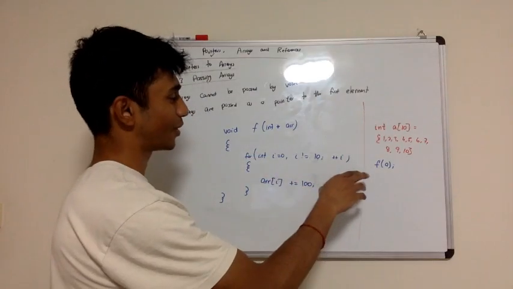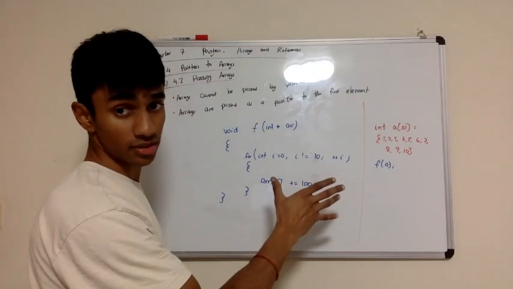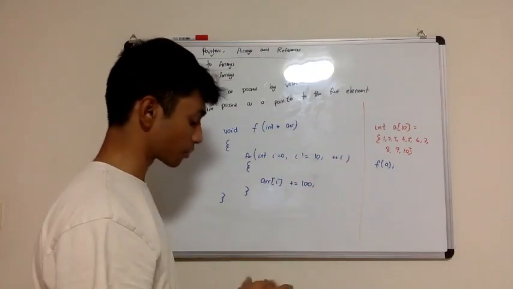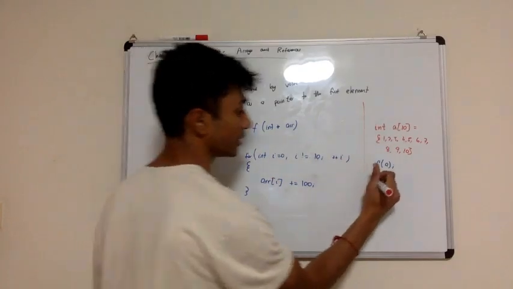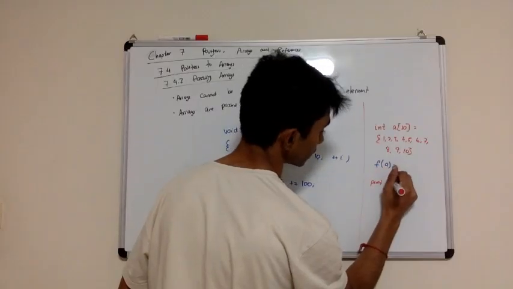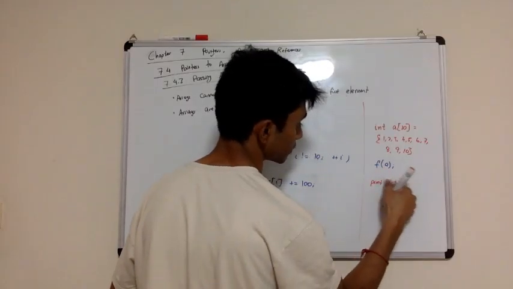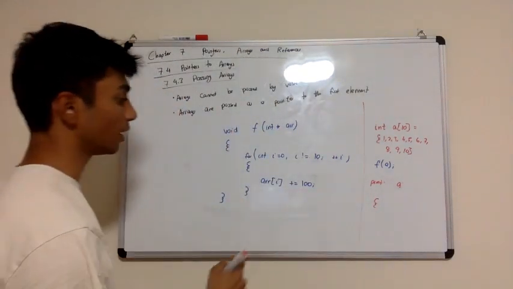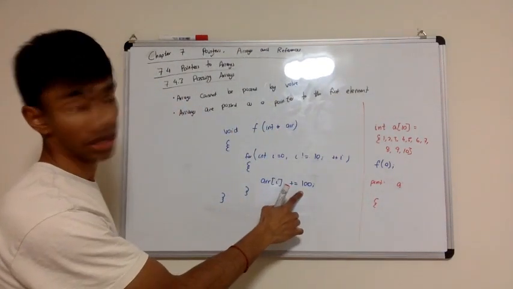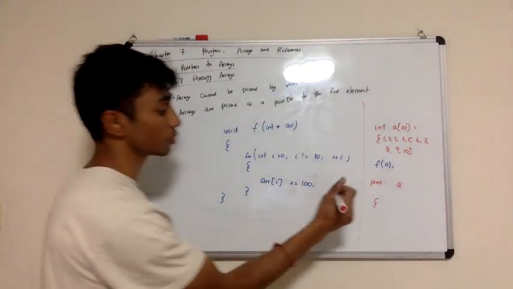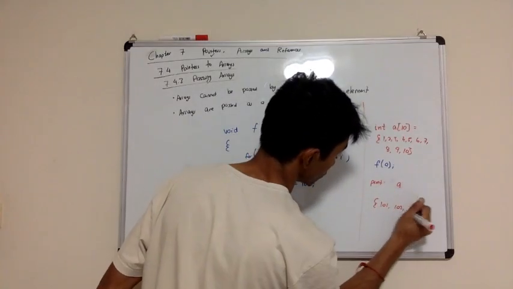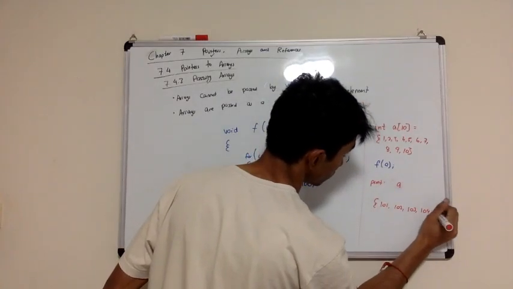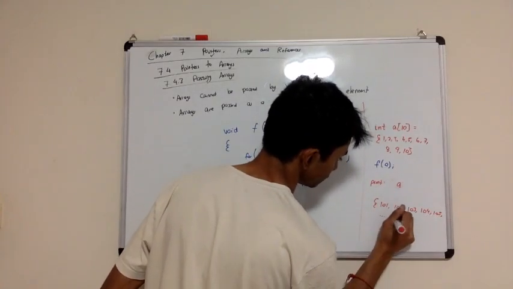So by accessing the memory addresses of the original array, if we were to print the elements of A again, we would actually get each element increased by a value of 100, so we'd get 101, 102, 103, 104, 105, and so on.